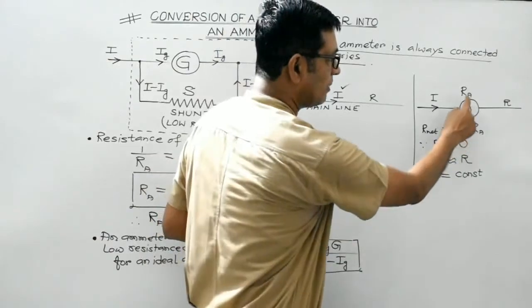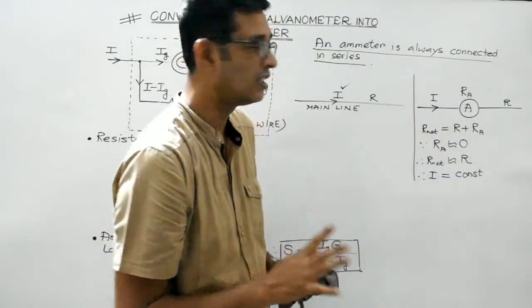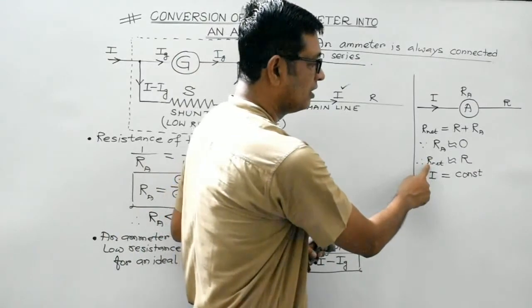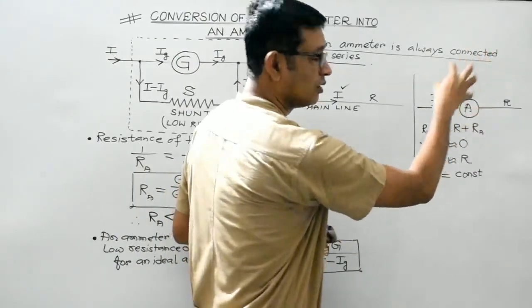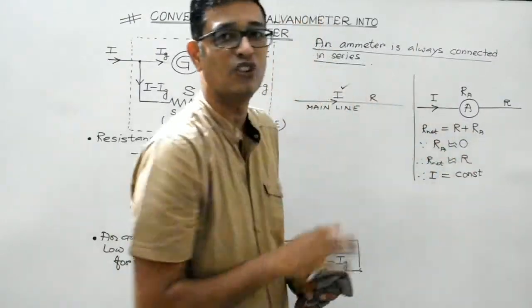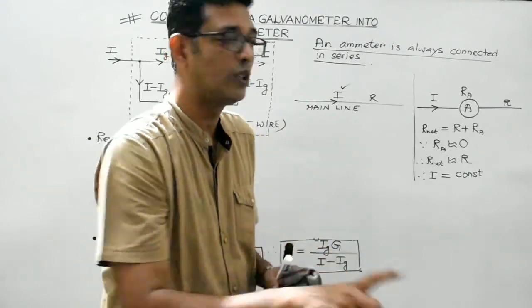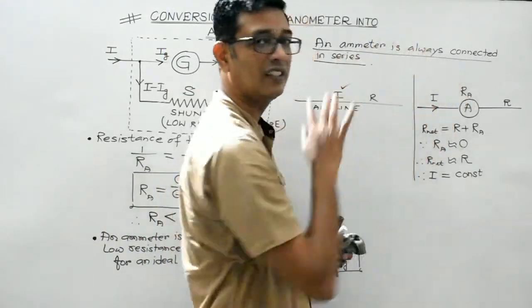Since the resistance of the ammeter is 0, and in series this is the formula for the combination resistance, the net resistance of the main circuit on connecting the ammeter in series practically remains constant. And if resistance remains constant, then the current flowing through the main line also remains constant.